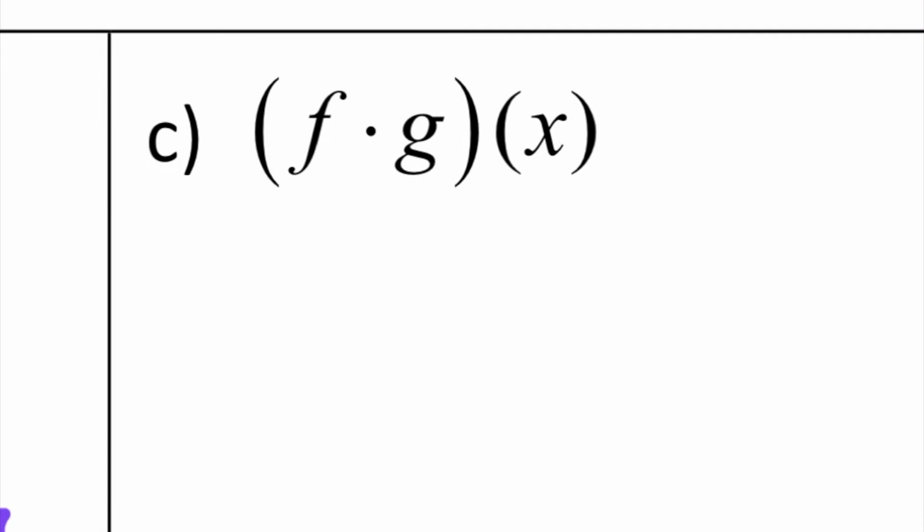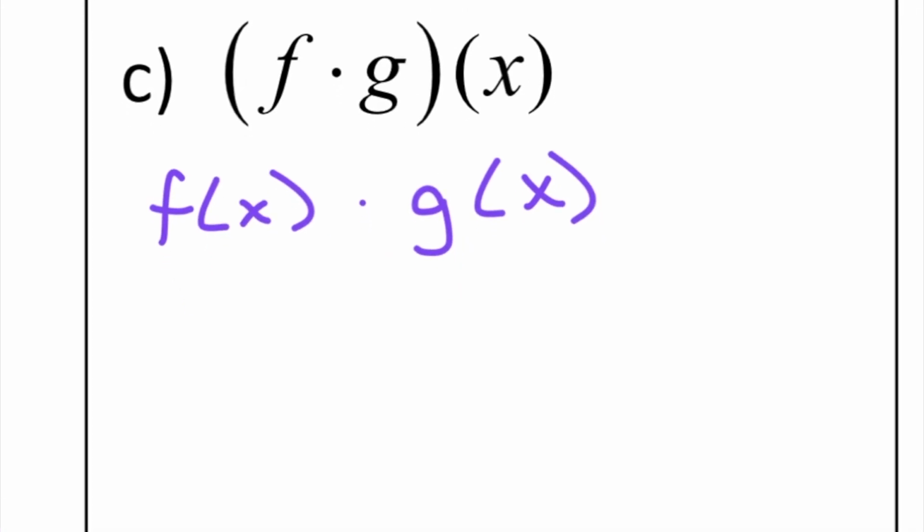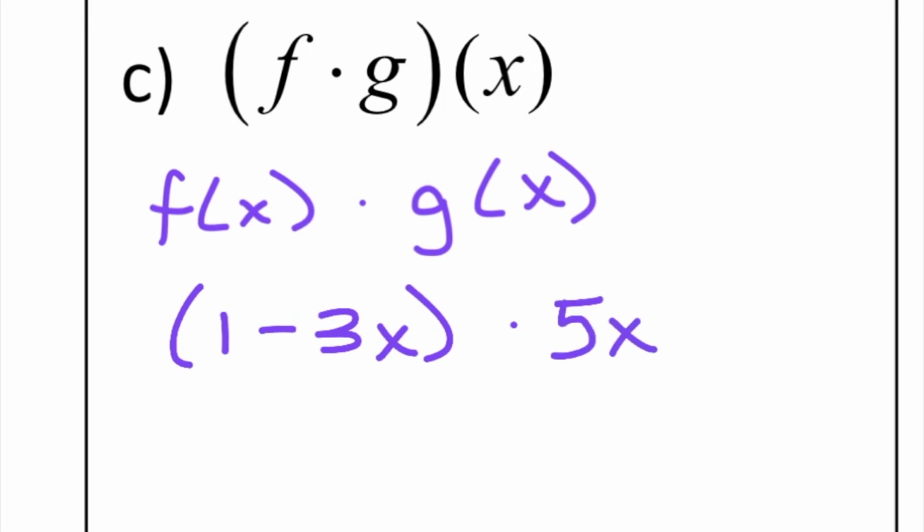F times g of x is f of x times g of x, and for f of x, I'm going to use parentheses here because we're multiplying, so 1 minus 3x, and then times g of x, which is 5x cubed.